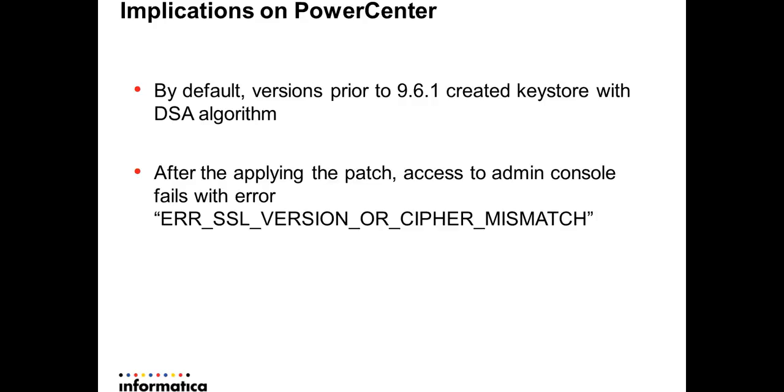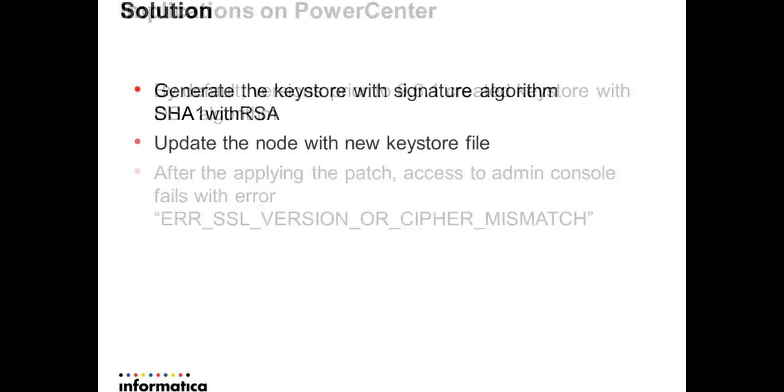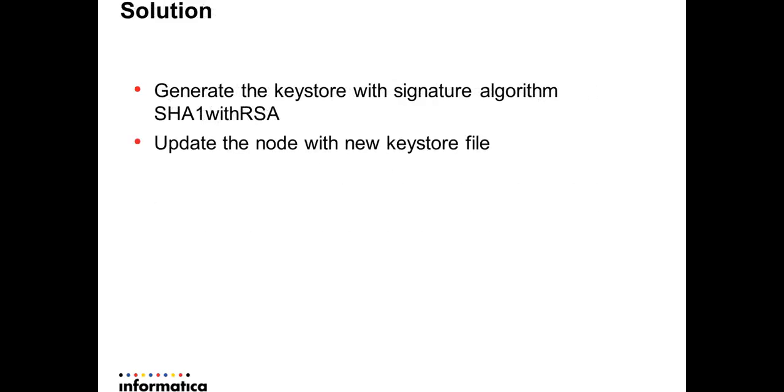If you are trying to access the URL in Internet Explorer, you will get the message "The web page cannot be displayed." The solution for this is we have to regenerate the keystore with a signature algorithm of SHA1 with RSA.